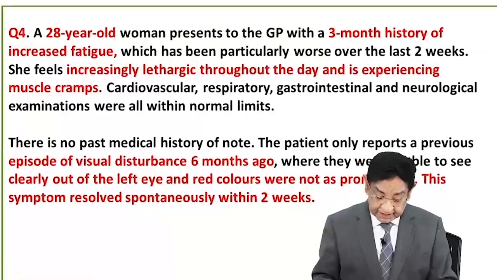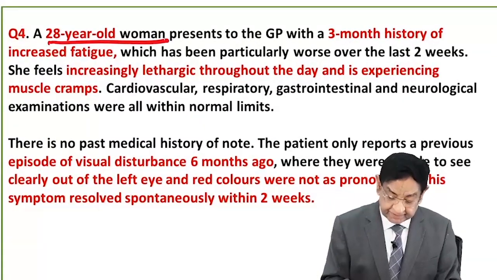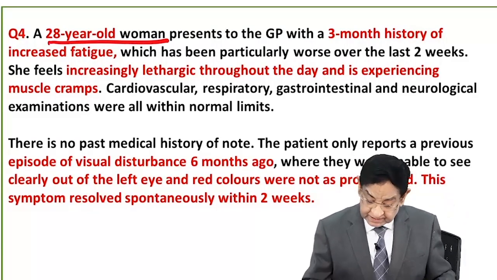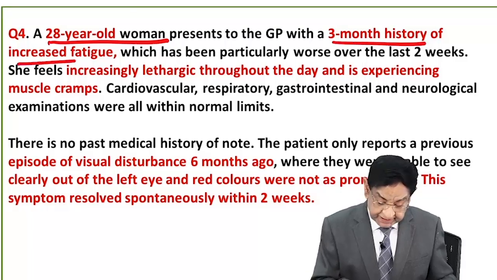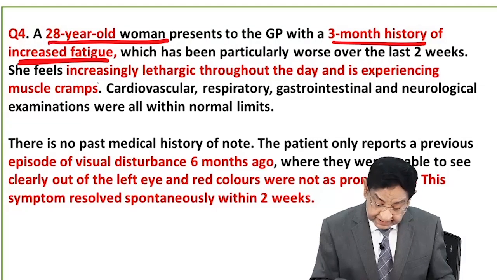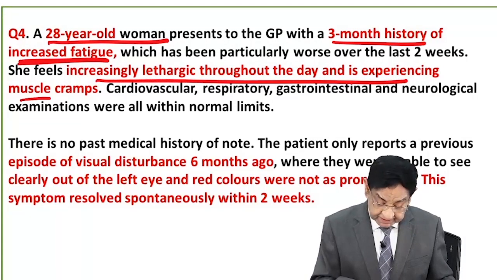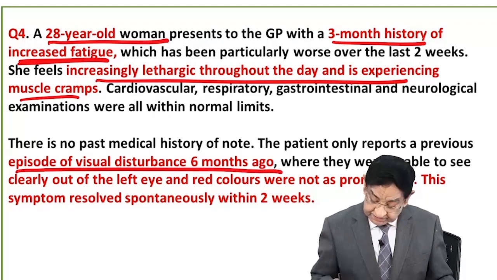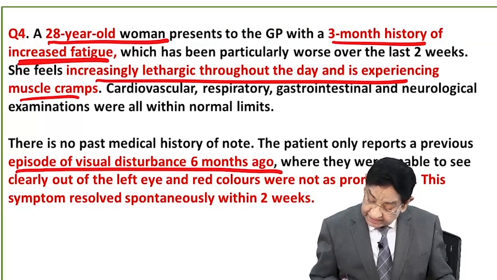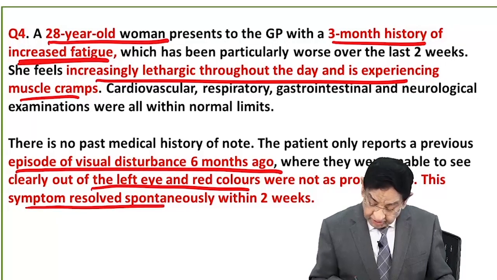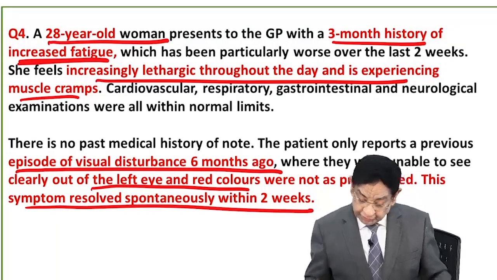Question number 4. Again a 28-year-old lady. Point to be noted, we are getting a lady between 20 to 40 years. She has a 3-month history of increasing fatigue, lethargy and muscle cramps, and an episode of visual disturbance 6 months ago, with a problem in the left eye and red color, and this symptom resolved spontaneously in 2 weeks.